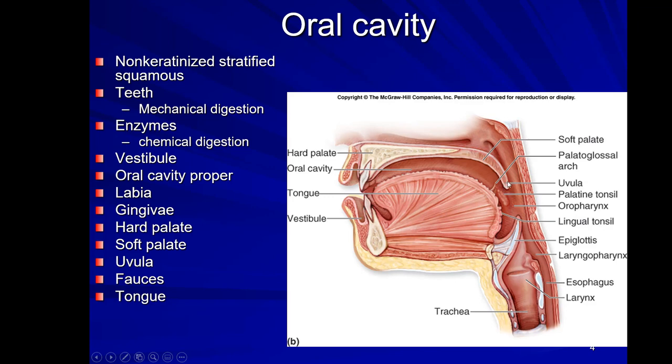When you swallow, it tends to push back to try to prevent things from going back up into the nasal cavity. The fauces just refers to the opening that the food goes through at the end of the oral cavity. And then the tongue is this big mass of skeletal muscle that helps with voice production and also digestion.